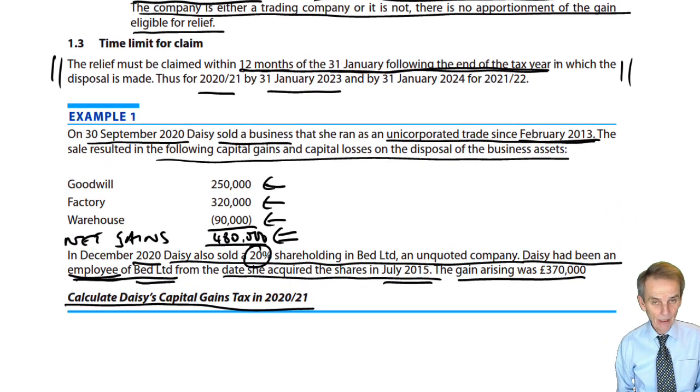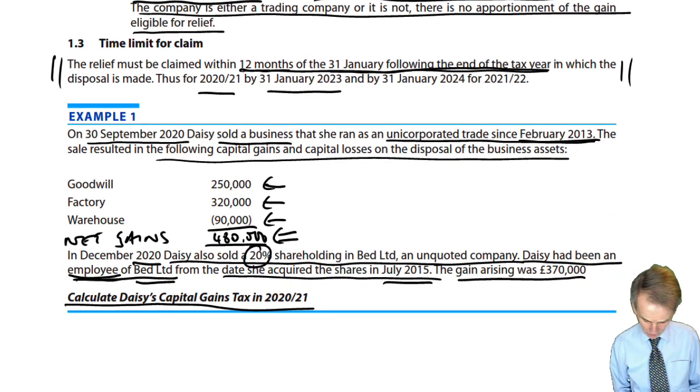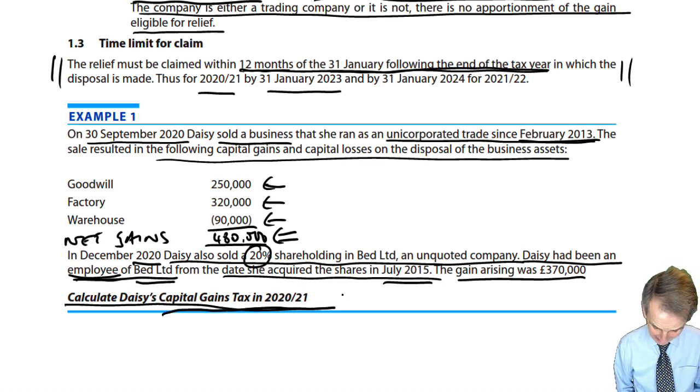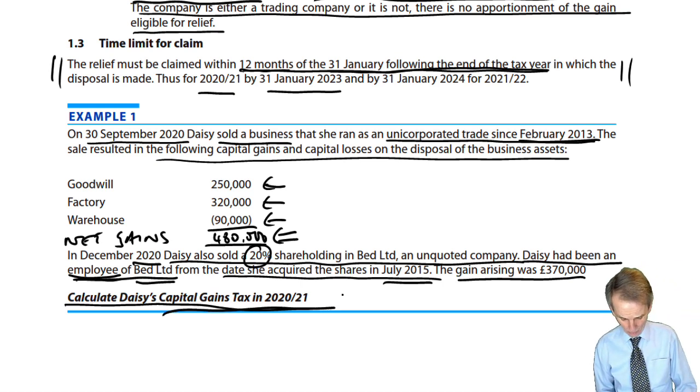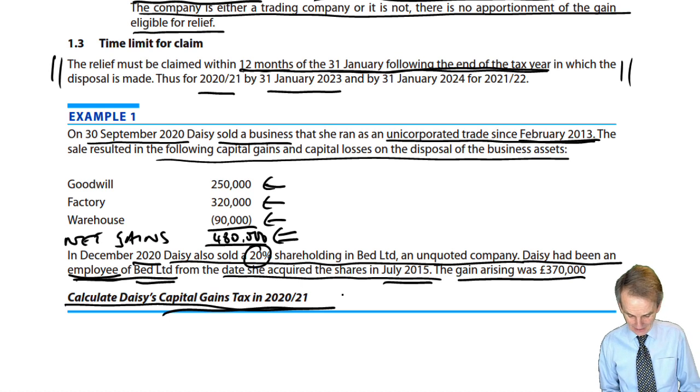What I'd like you therefore to do now, you see the requirement, calculate the capital gains tax in 2021. What we'll find is that the gains here that qualify for business asset disposal relief do not total more than £1 million.